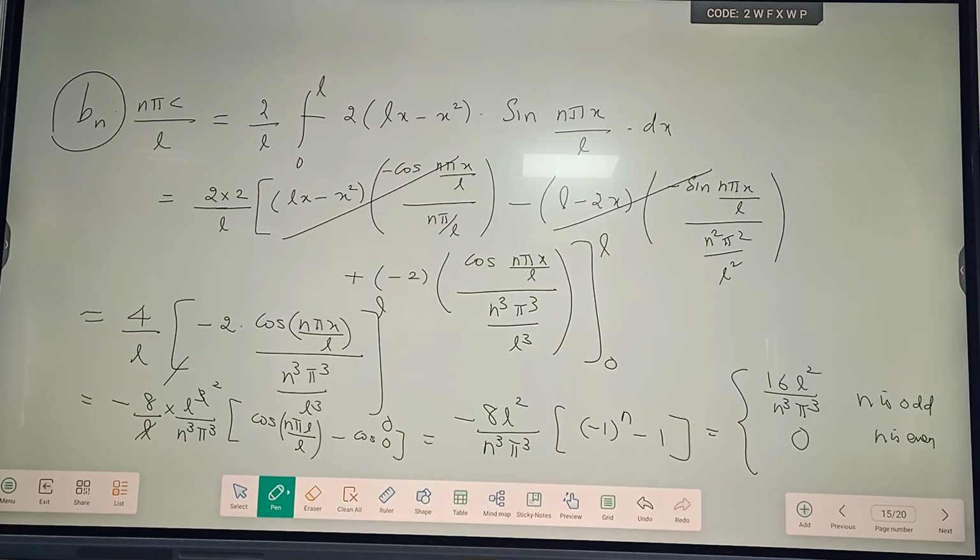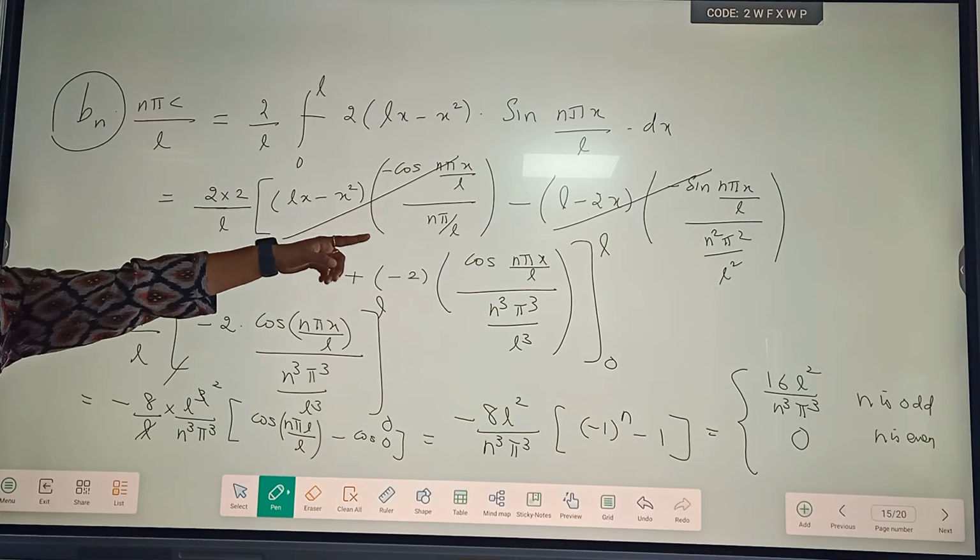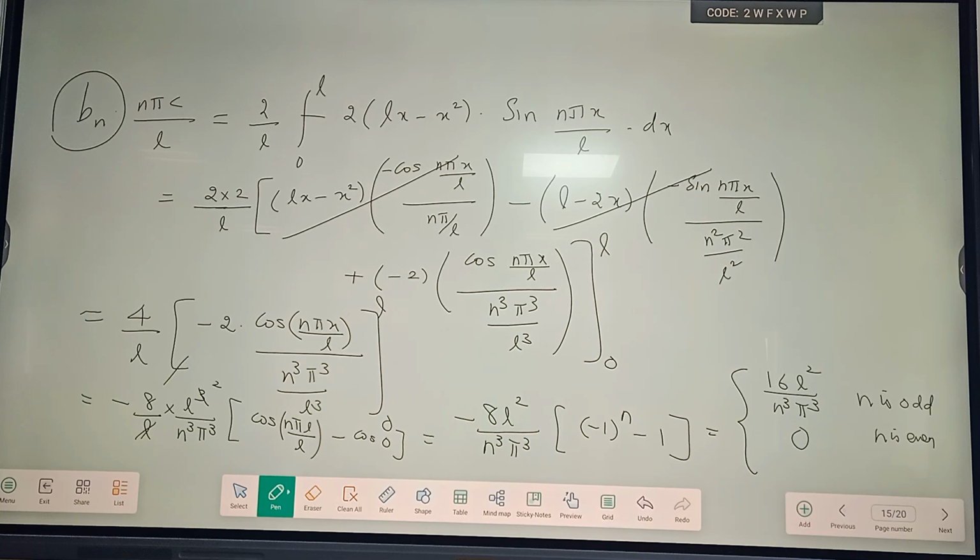We are going to find the coefficient of Bn only, not that constant term multiplied. n pi c by L will go that side as L by n pi c. So multiply there and tell me the answer.